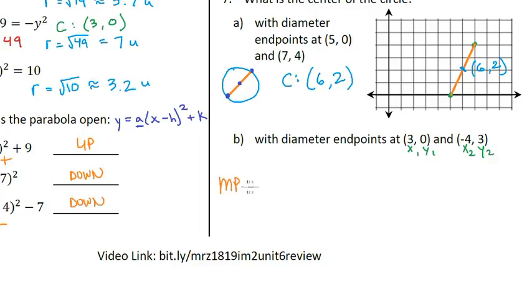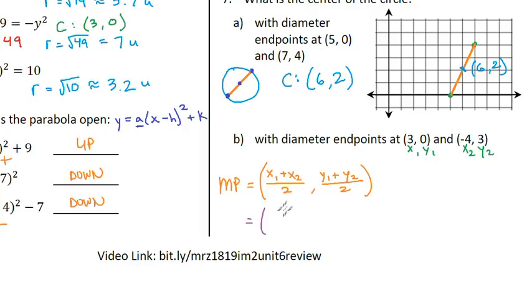The midpoint of any 2 points is equal to the coordinates (x sub 1 plus x sub 2, divided by 2). And our y value is going to be, add the 2 y values together, y sub 1 plus y sub 2, divided by 2. So let's plug in what we know.